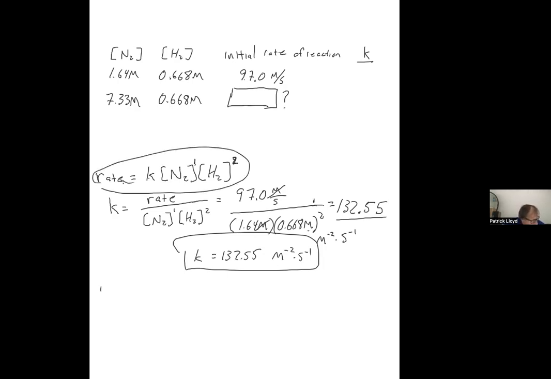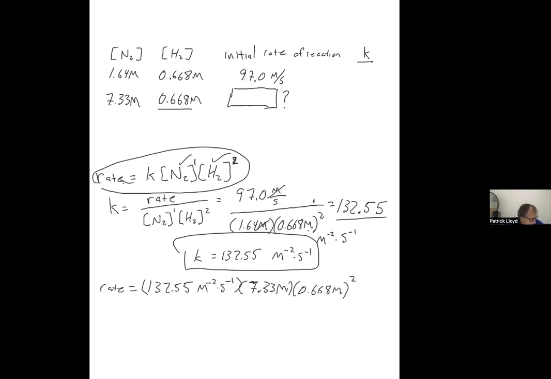The rate of reaction is K, 132.55 M to the minus 2 s to the minus 1, times the concentration of N2 to the first, so that's 7.33, times the concentration of H2 squared, which is 0.668 molar squared. Don't forget to square that.